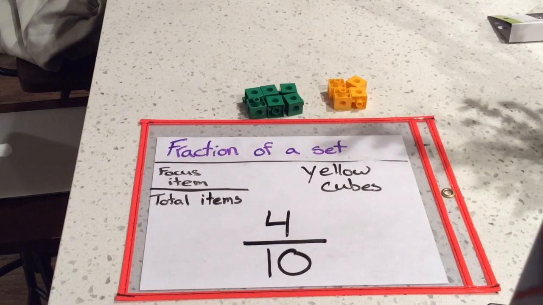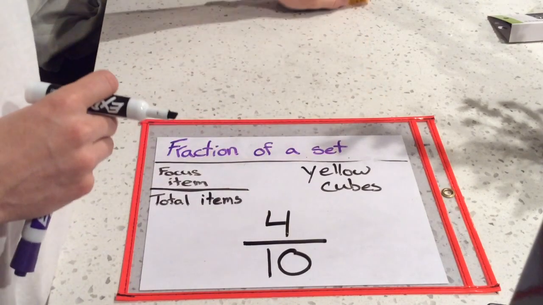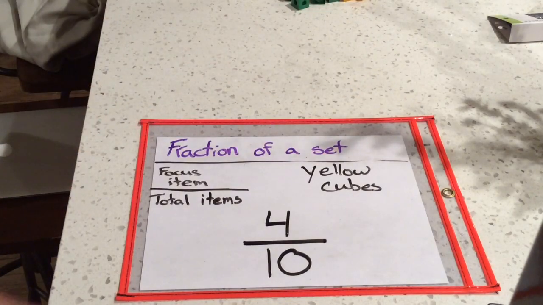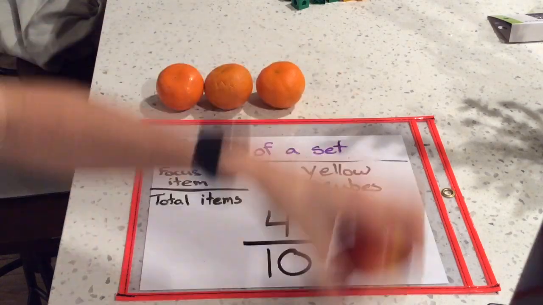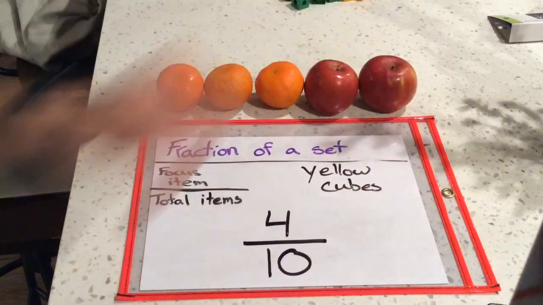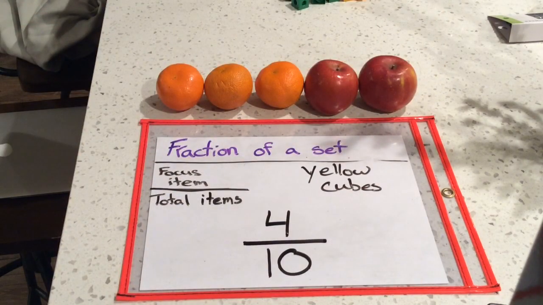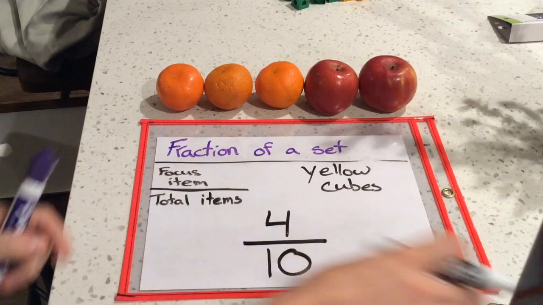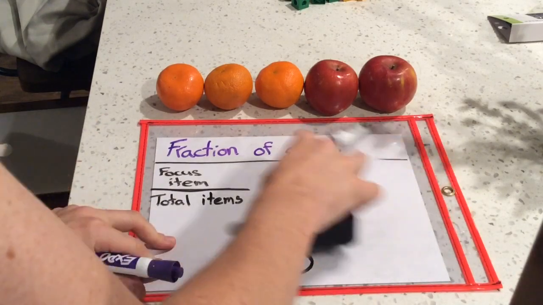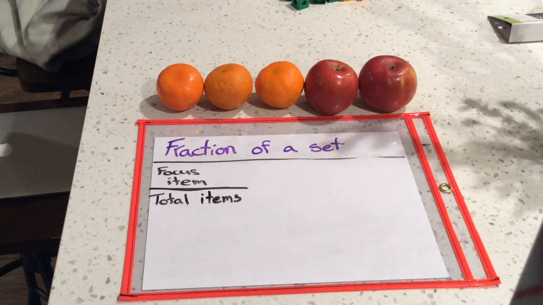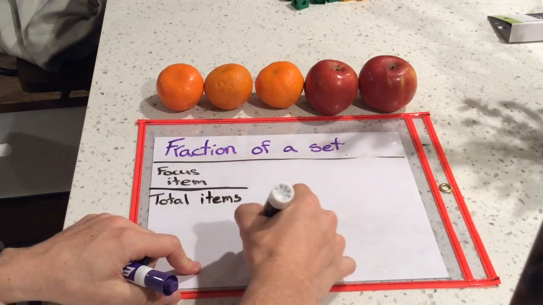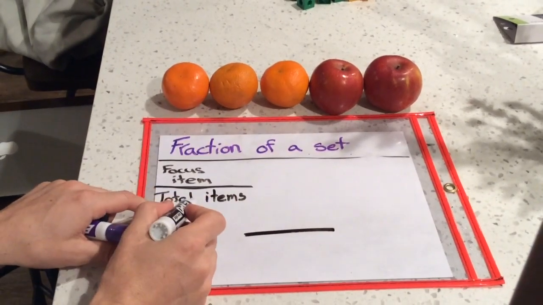I want to show you a couple other examples of what you can pick today as you go around the house, and I encourage you to be creative. I went to my pantry and I pulled out a couple of pieces of fruit. So we're no longer talking about cubes here, we're talking about fruit. I know that my denominator is my total amount of items.